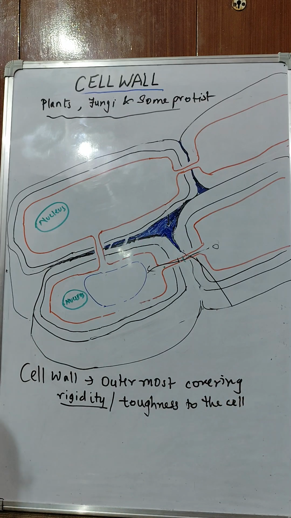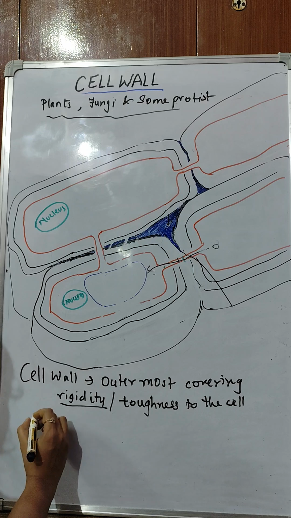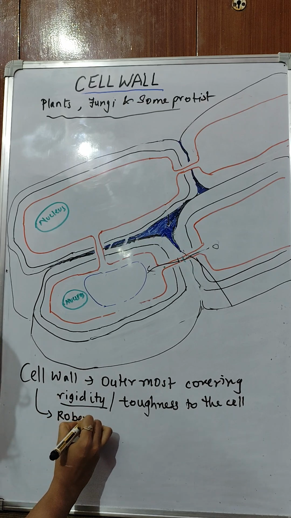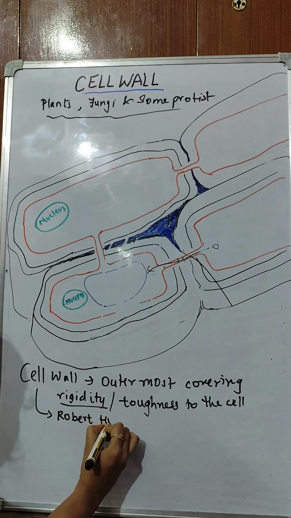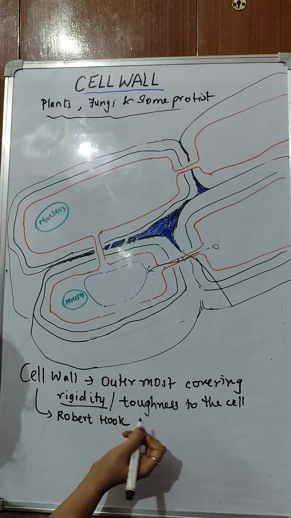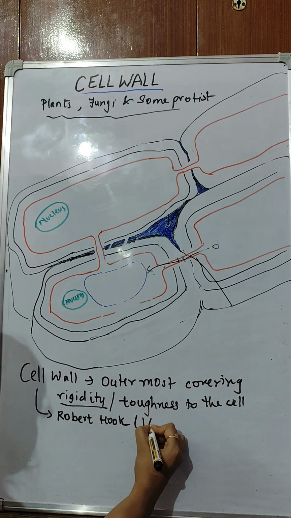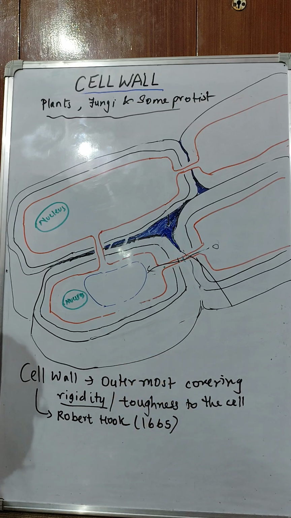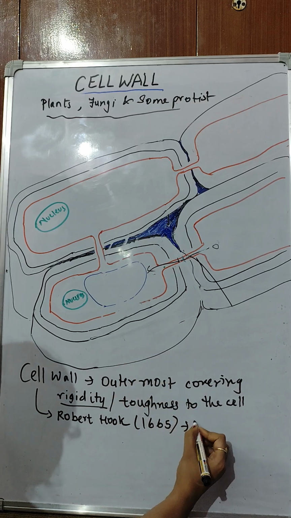Okay, so the cell wall was first discovered by Robert Hooke in 1665, and obviously in cork cell.